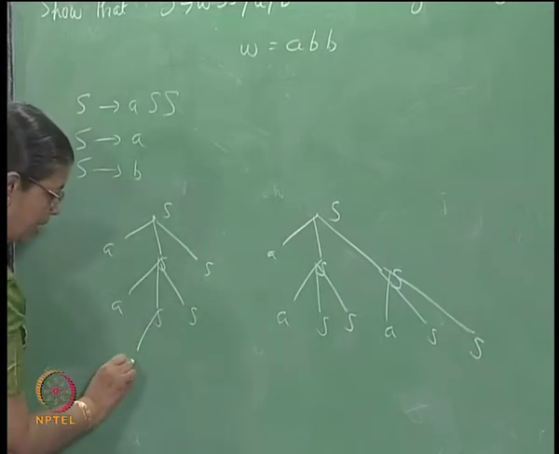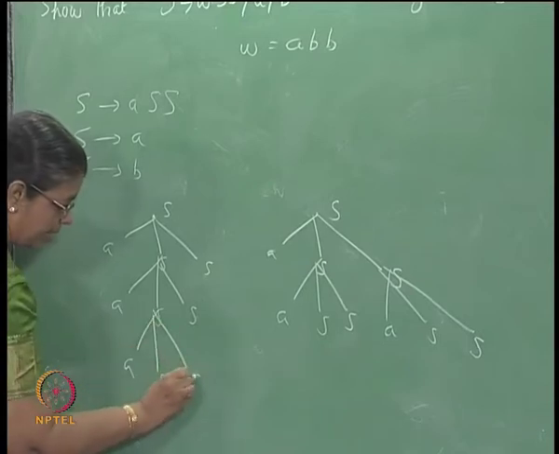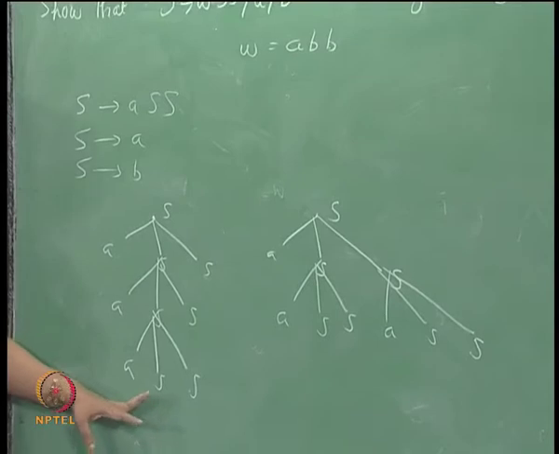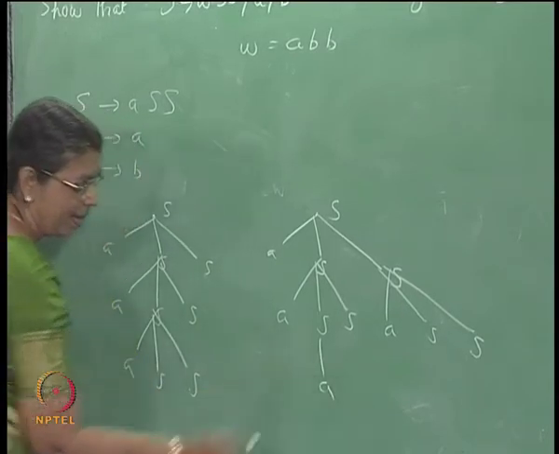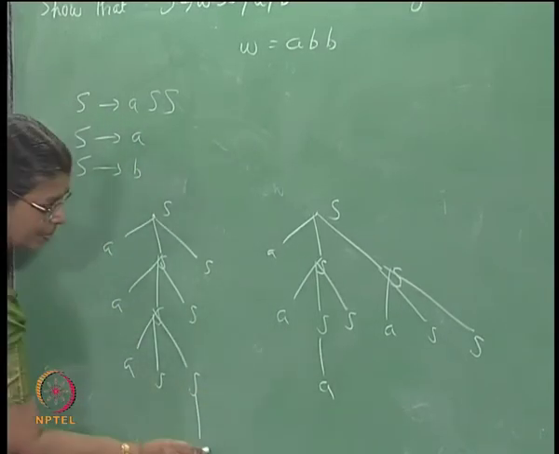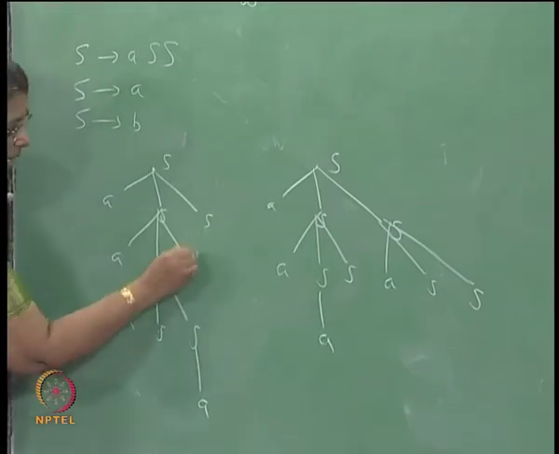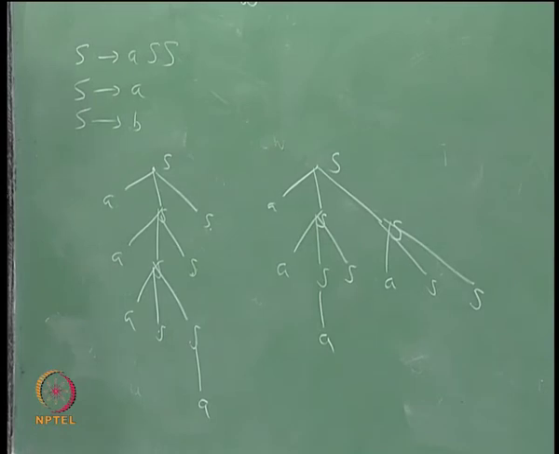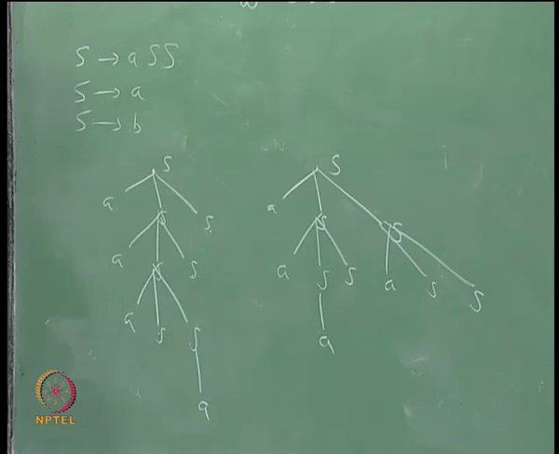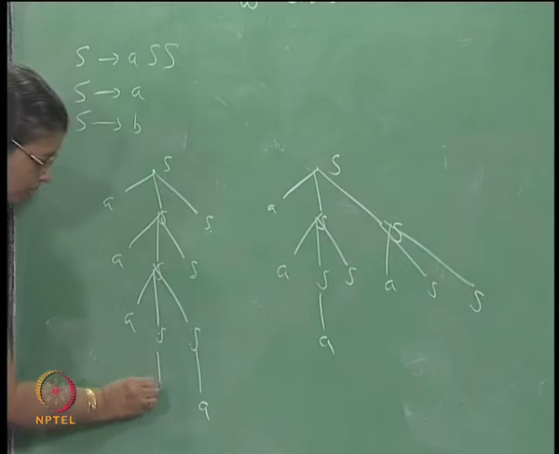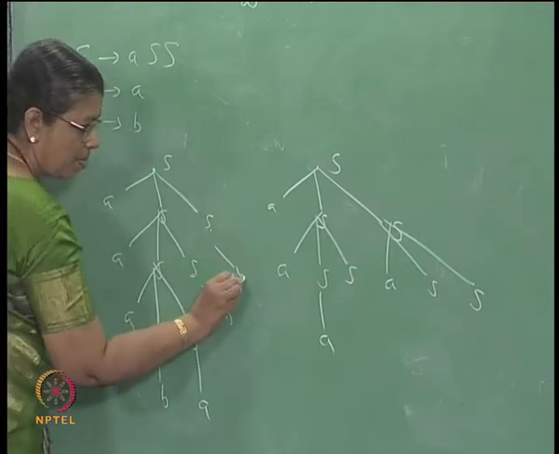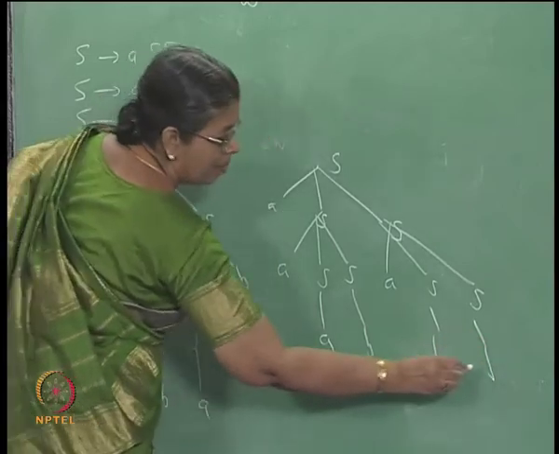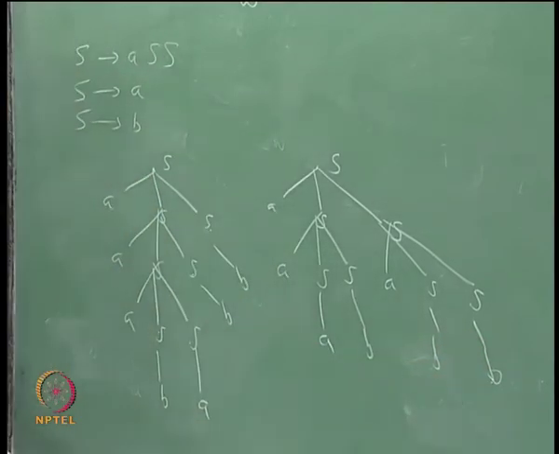Now, again A, S, S, you have to use this rule, right. So, this has to go to A and this has to go to A. These 3 you can make go to A or B, right. Suppose I make it go to B, B, B, B. So, the minimum length I have to consider is length 7.